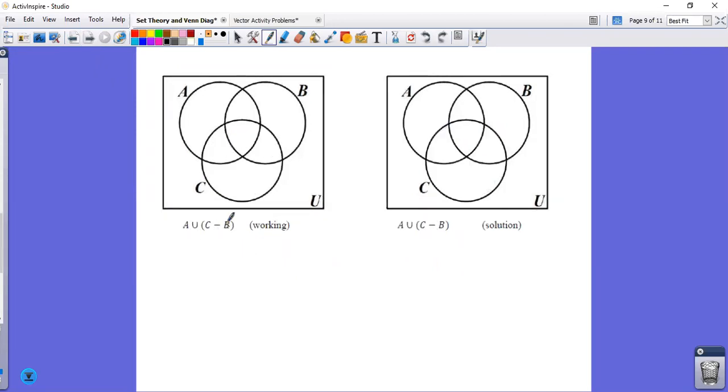So C minus B would go first since it's in the parentheses. So C, take away all the B, are these two areas.